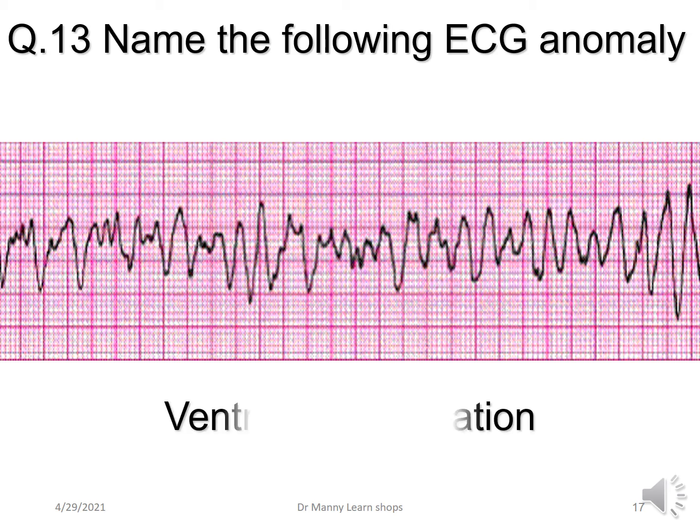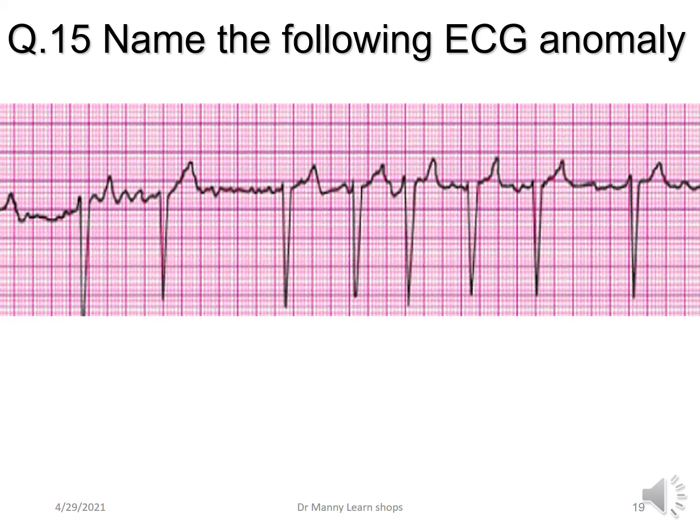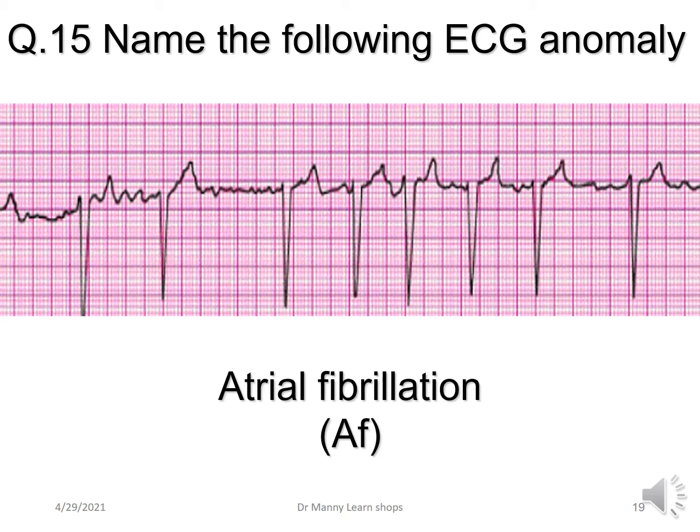This is coarse ventricular fibrillation. How about this ECG anomaly? This is asystole. What about this final one? This is atrial fibrillation with a controlled ventricular response.